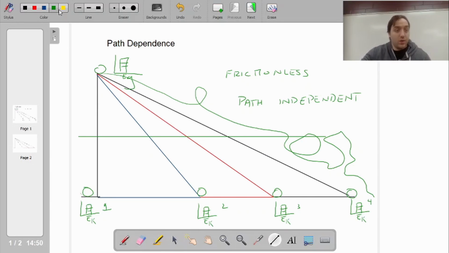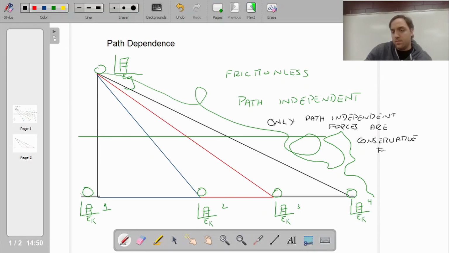The only forces that are path independent are conservative forces. In our case, that would be the force of gravity and the force exerted by a spring. It only matters where you start and end, not how many steps you go through to get there.